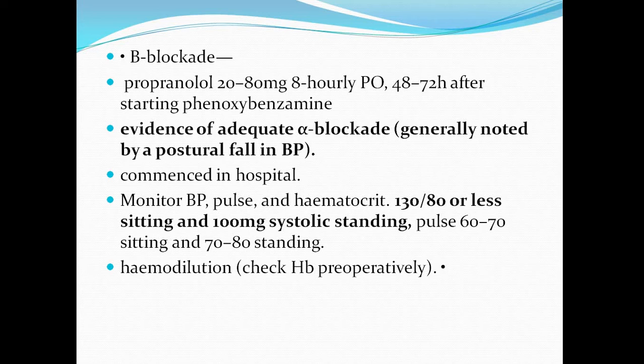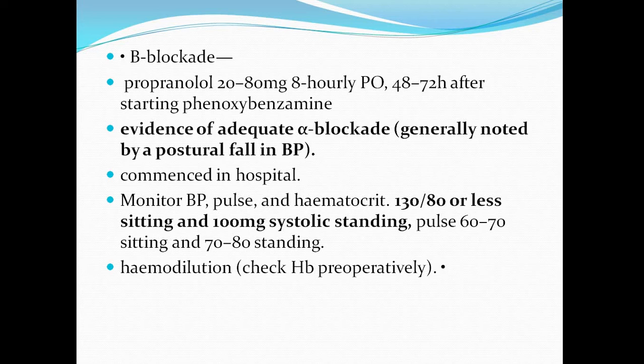You give it 20 to 80 milligrams 8 hourly, 48 to 72 hours after starting phenoxybenzamine. The beta blockade should be commenced in hospital, and the blood pressure, pulse, and hematocrit should be monitored. The targets are 130/80 or less sitting, and 100 systolic standing.